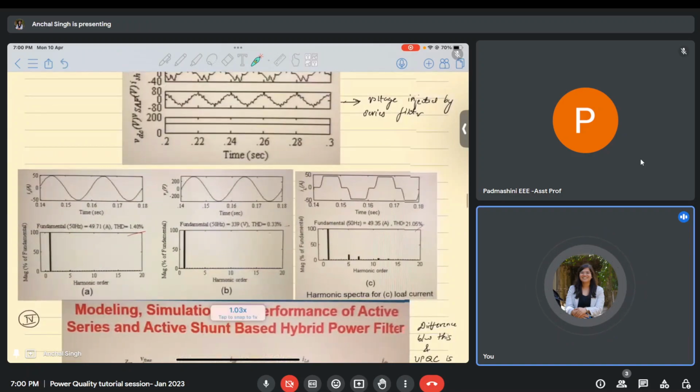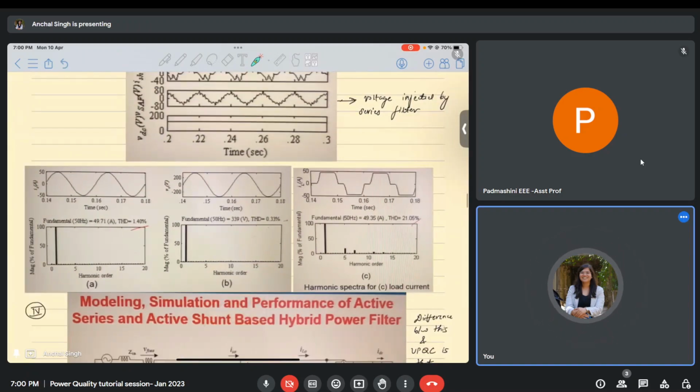The supply current waveform has a THD of only 1.4%, and the load current has 21%. So even though the load current has a THD of 21%, we are able to obtain a THD of 1.4%, and the THD of the source voltage waveform is only 0.33%.